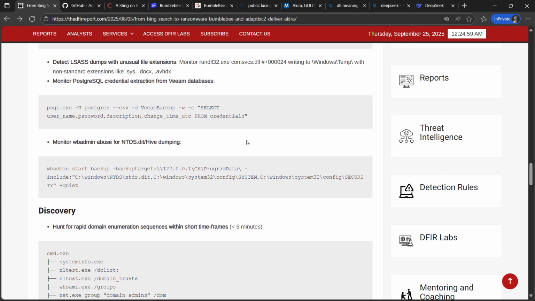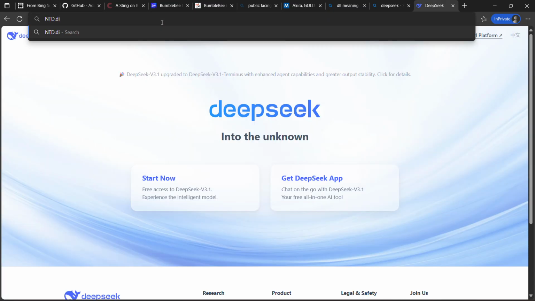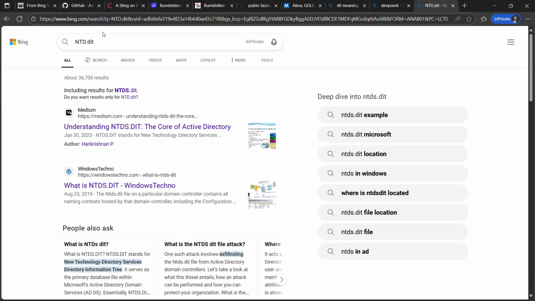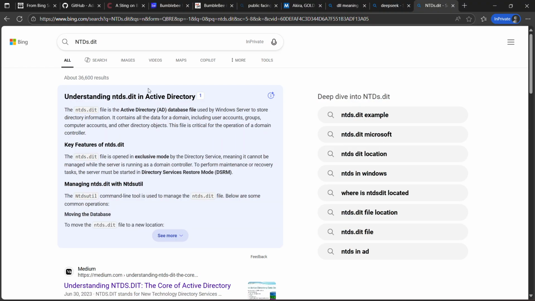Monitor WBAdmin abuse for NTDS.dit hive dumping. NTDS.dit, what is that? The NTDS.dit file is the Active Directory database file used by Windows servers to store directory information.